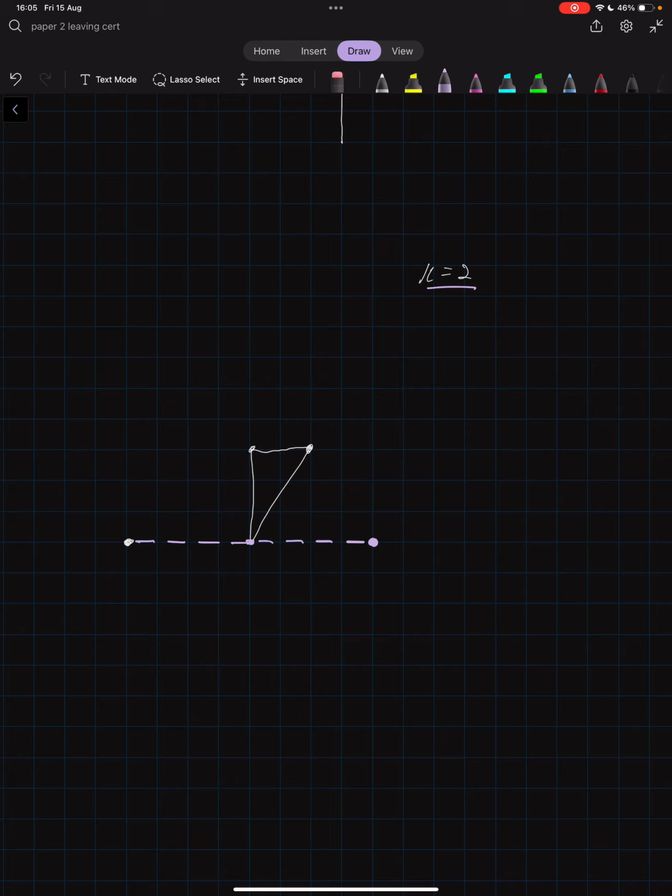Okay? And that's it. Now for this point, you'll say, what is this? It's 4 over and 3 up. So you will draw a line. So instead of going 4 over, you will go 8 over and then 6 up, going through that point. And you will get this point here.